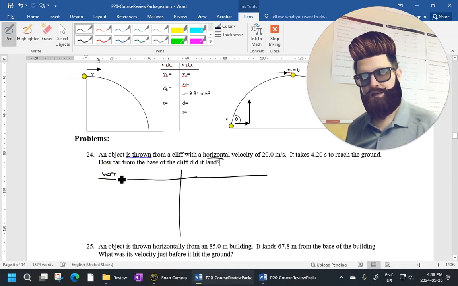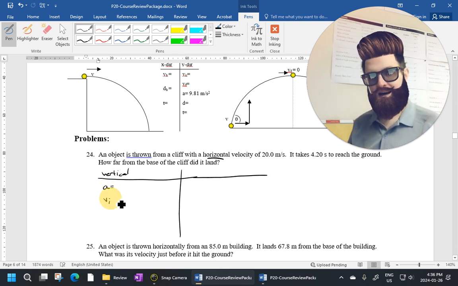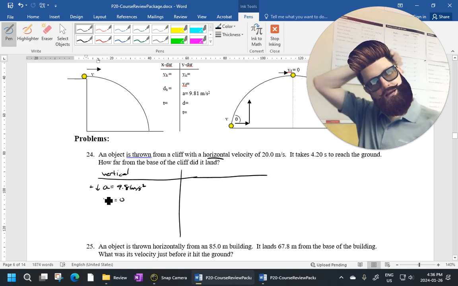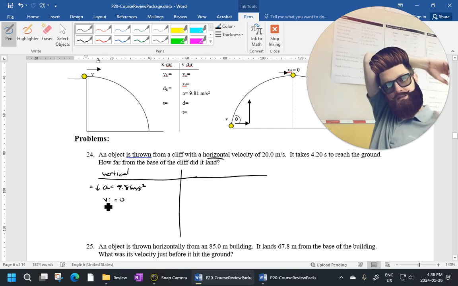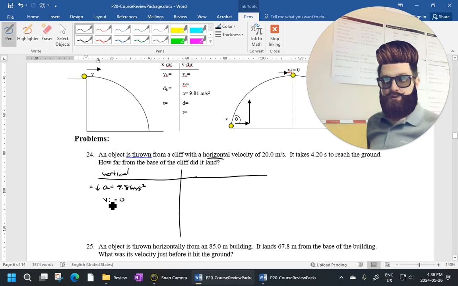In my vertical direction, where my acceleration is 9.81, my VI is 0. So my acceleration is down. Let's just say down is positive in this question. Makes my math a little bit easier. Don't have to worry about double negatives or anything. So A is downward, so it's positive. VI, nice, 0 because it's thrown horizontally.